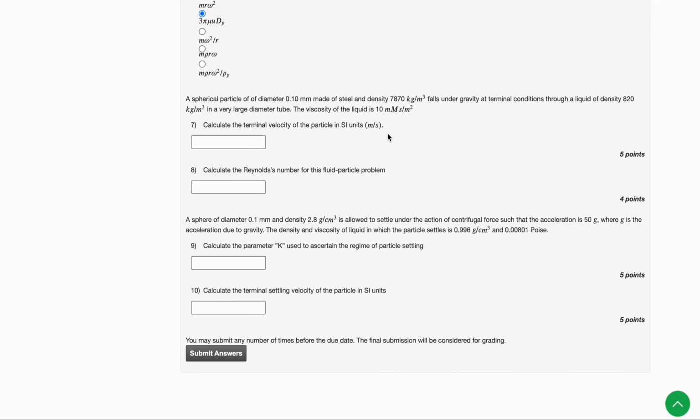The density and viscosity of the liquid in which the particle settles: rho is equal to 996 kg meter to the power minus 3, and mu is equal to 0.00801 poise. So 1 poise is equal to how much Pascal second?